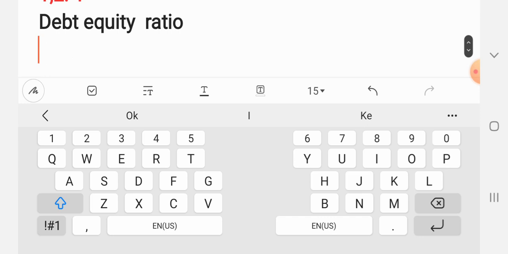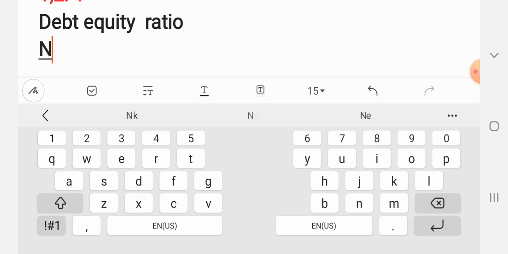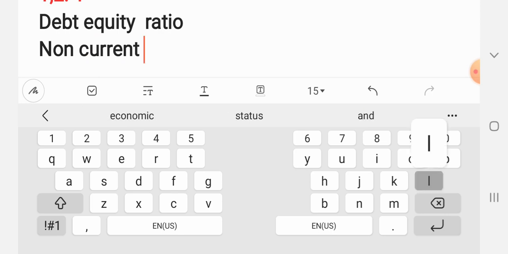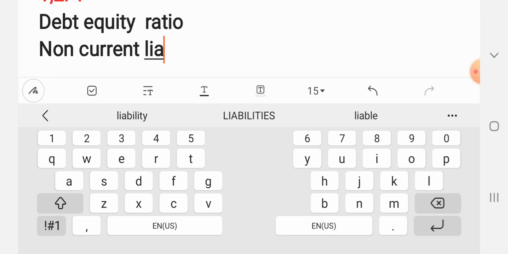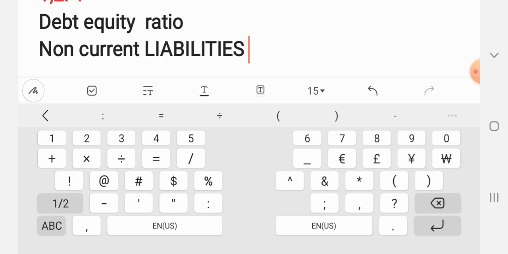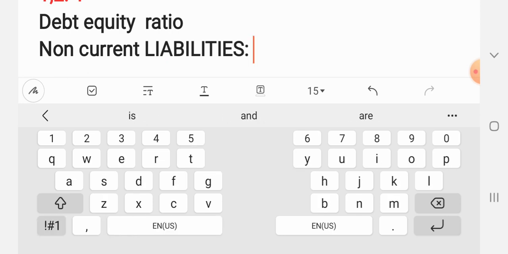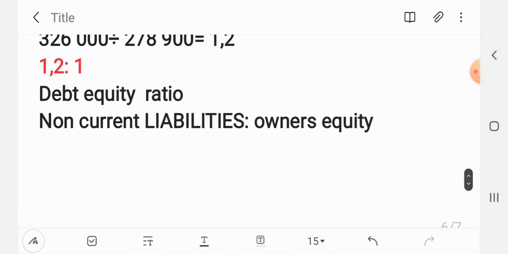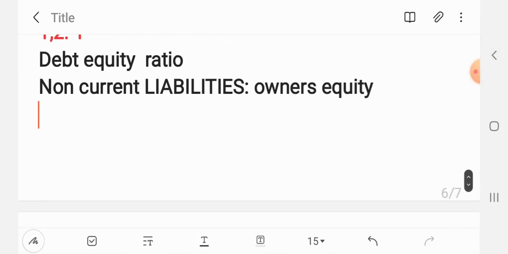So how to calculate it is non-current liabilities is to owner's equity. So this is how you calculate the debt equity ratio.